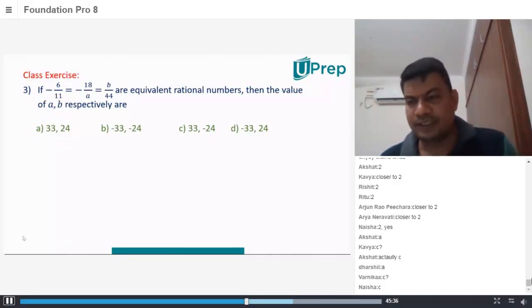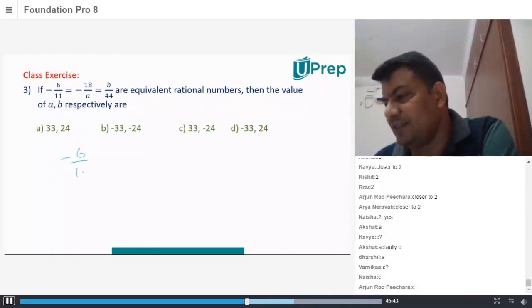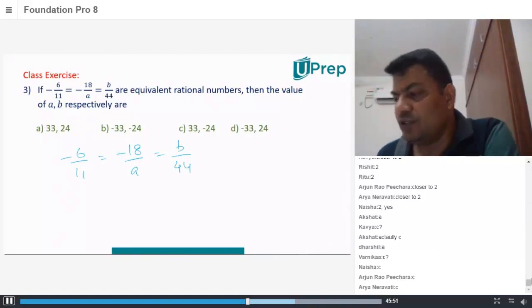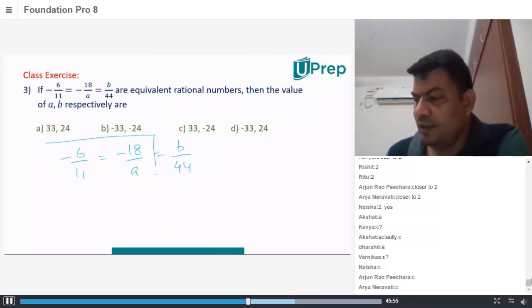Okay. So there's nothing great to teach in this, but still I will do it for you all. Minus 6 divided by 11 is equal to minus 18 by A is equal to B by 44. Whenever you see this, you can see these two are clear numbers.